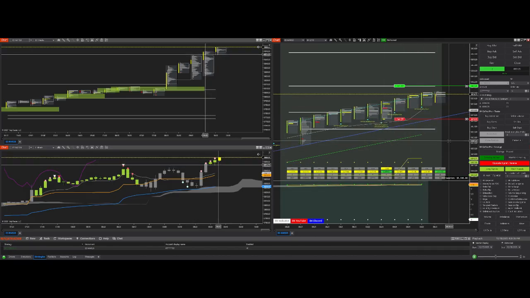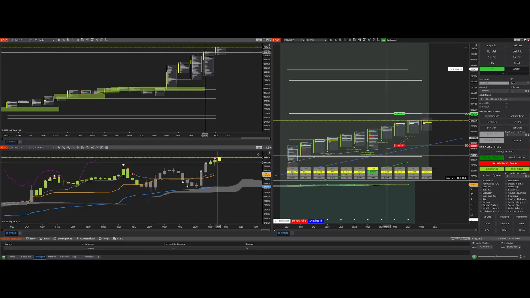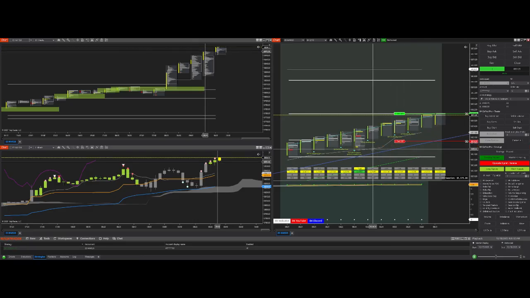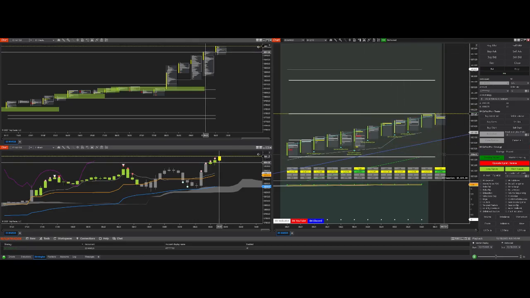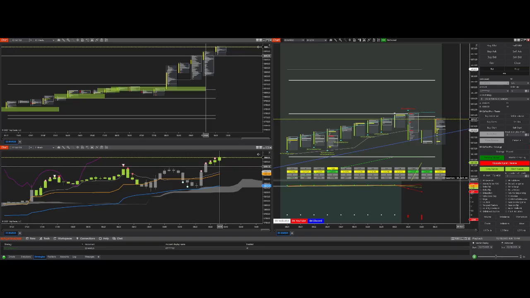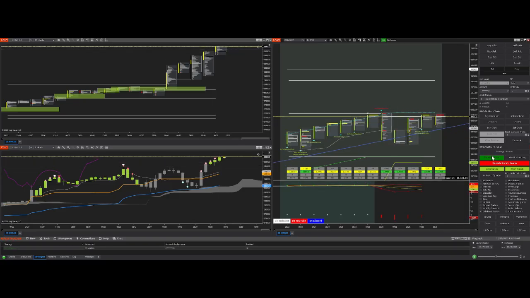Love these order flow signals. That's the way to really tell what the market's doing. Boom, there we are, $5,600, and we'll shut it down there.